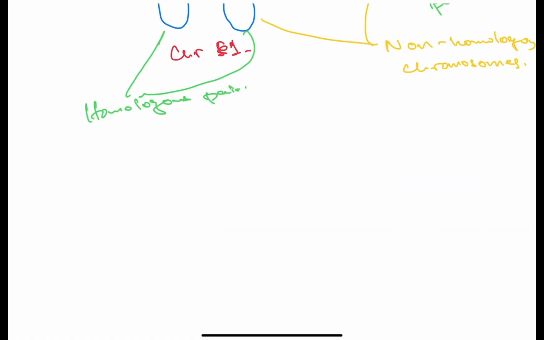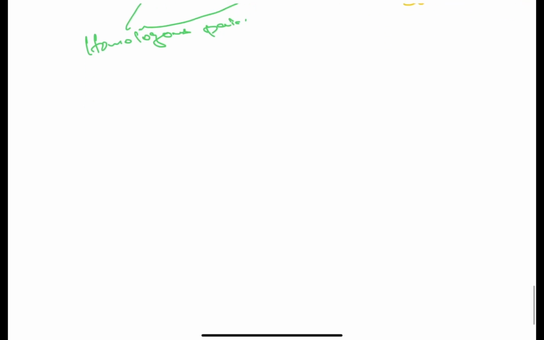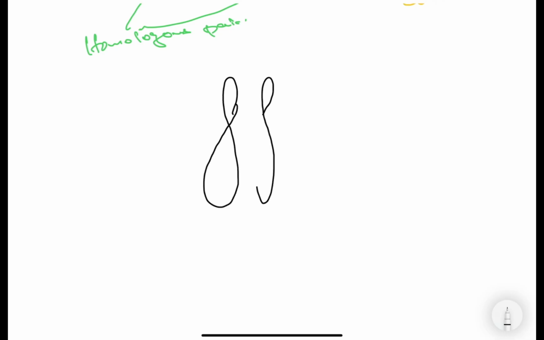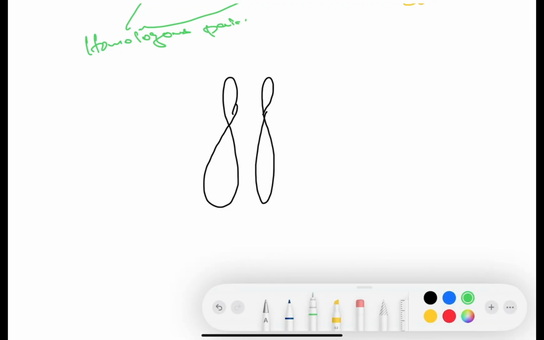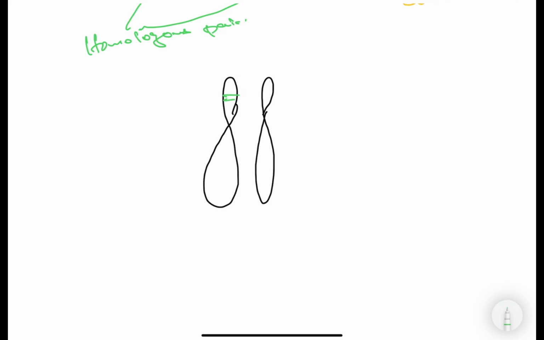In one chromosome, more than one gene can be present. Let me draw chromosomes. So these are a homologous pair of chromosomes. Suppose gene A may be present here.